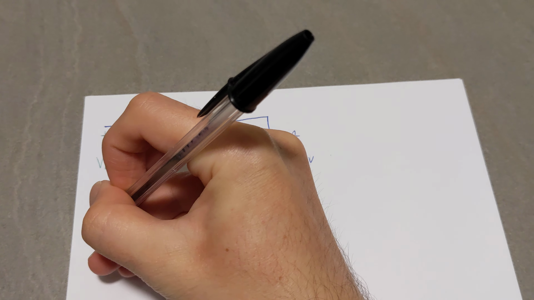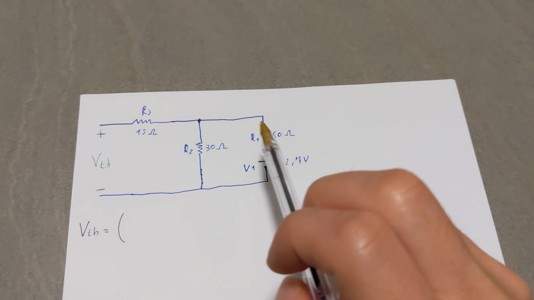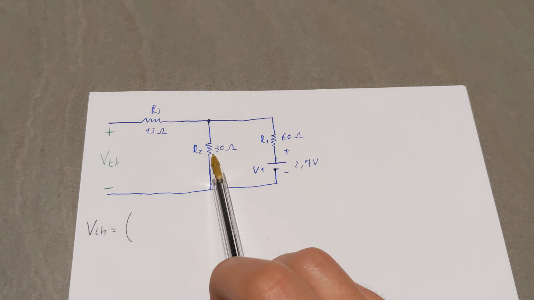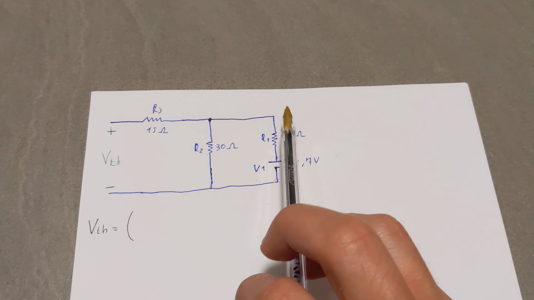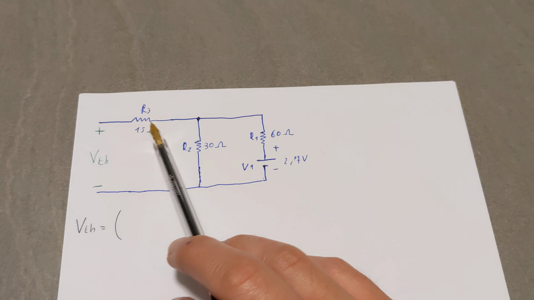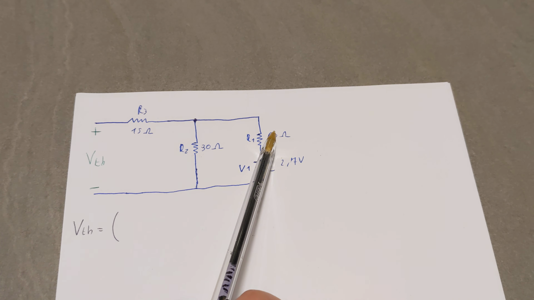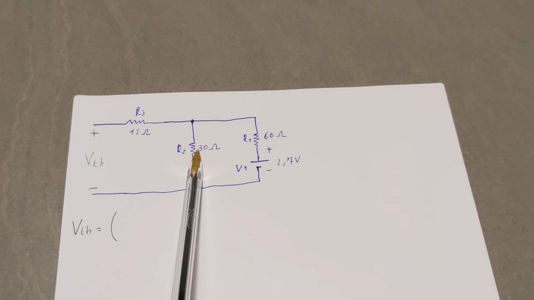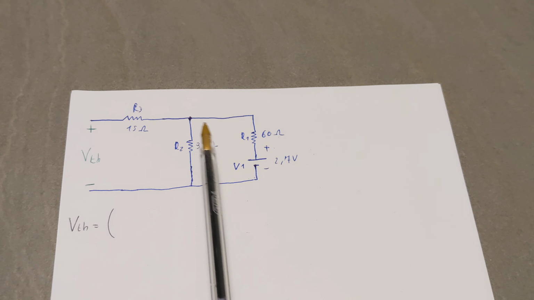The Thevenin voltage here is given by R2, so this resistance here, over R1 plus R2. We're not going to be dealing with R3, we're just going to deal with R1 and R2. So R2 over R1 plus R2, and then we multiply it by our voltage.